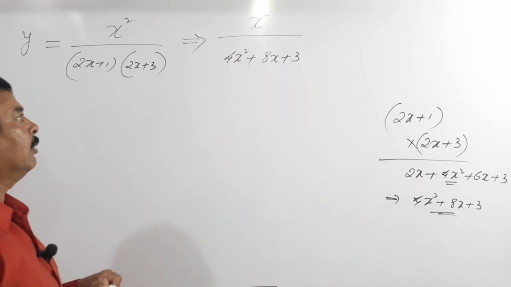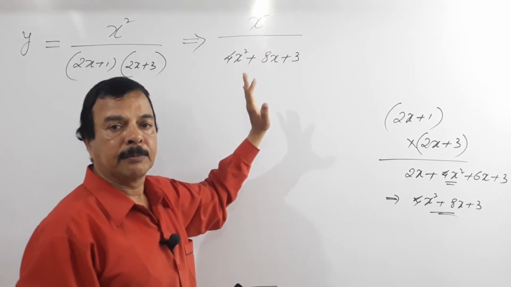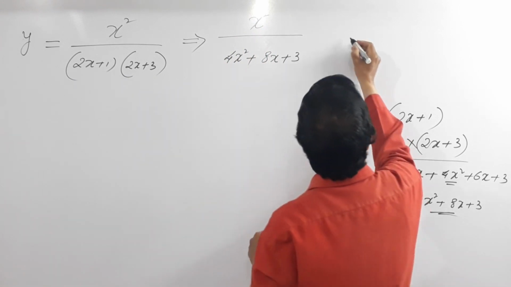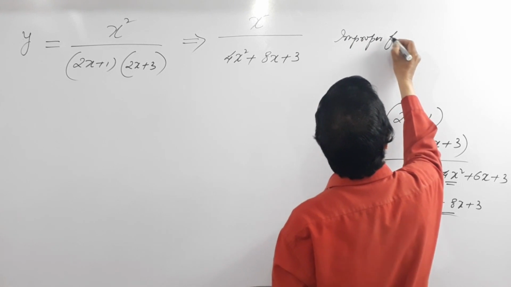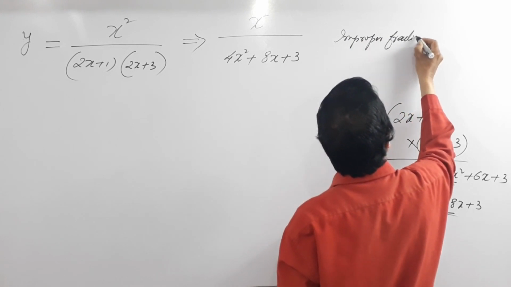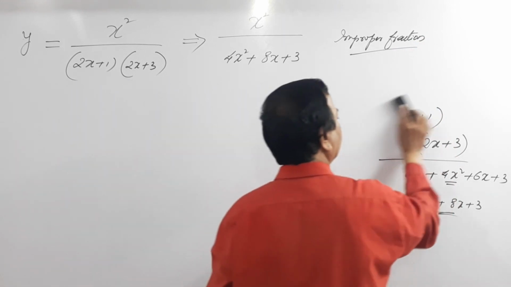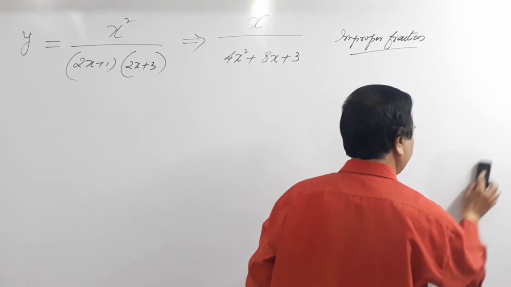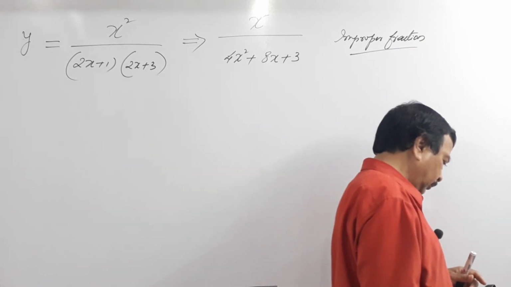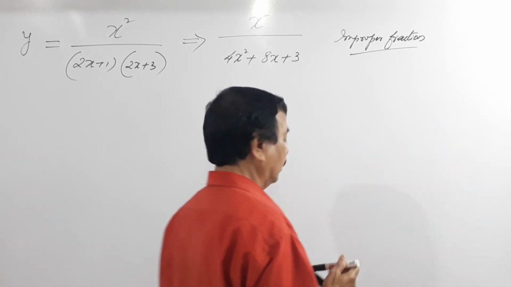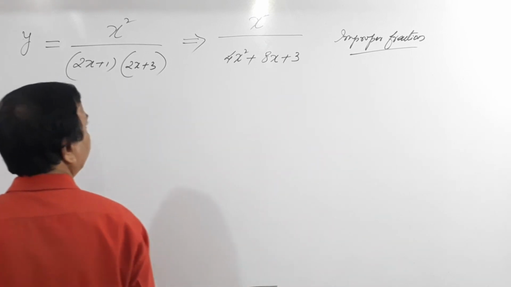Done. Now if you compare the degree of numerator and denominator, the degree is the same, hence again it is an improper fraction.